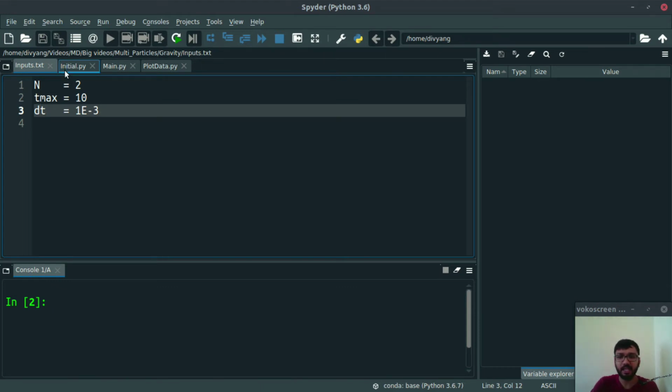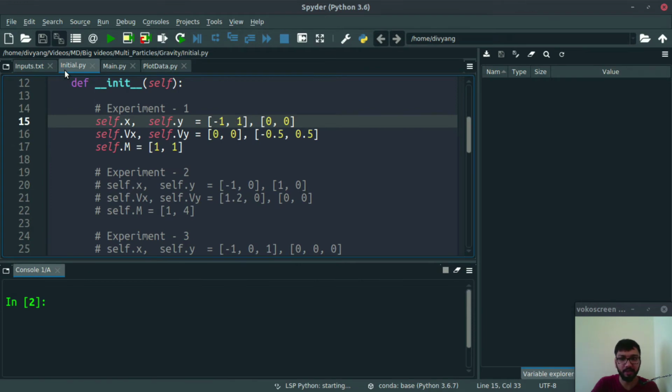The next thing is initial.py. These are the inputs for the first problem. As you can see, these two particles are on the x-axis. This list is for x coordinates and this list is for y coordinates. These are the velocities, and this list is for mass.